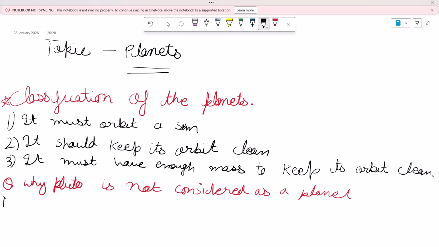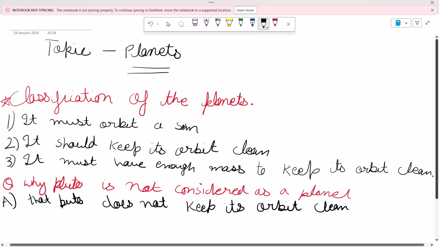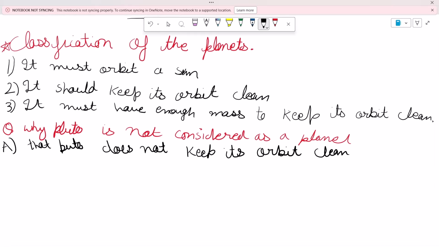Its answer is that Pluto does not keep its orbit clean.